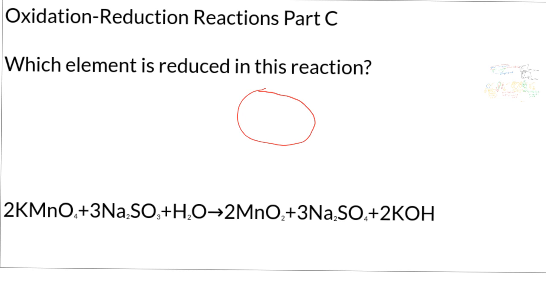My guess is here, and we'd have to do the whole problem to determine if this was the peroxide ion. If it's peroxide, it's 2 negative for the entire unit instead of each individual oxygen, in which case manganese would have a 2 plus.